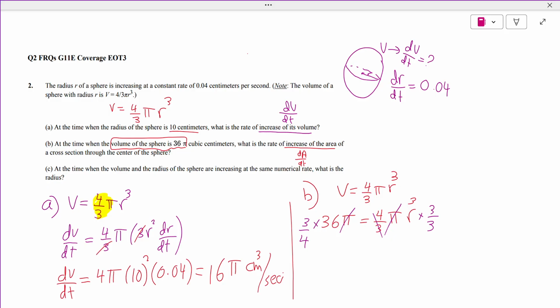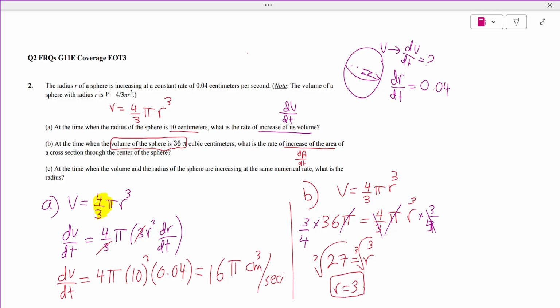So 4/3, this is 3/4. So this is equal to 27. 36 times 3/4 is 27. 27 equals r cubed. Take the cubic root of both sides, so r will equal 3.